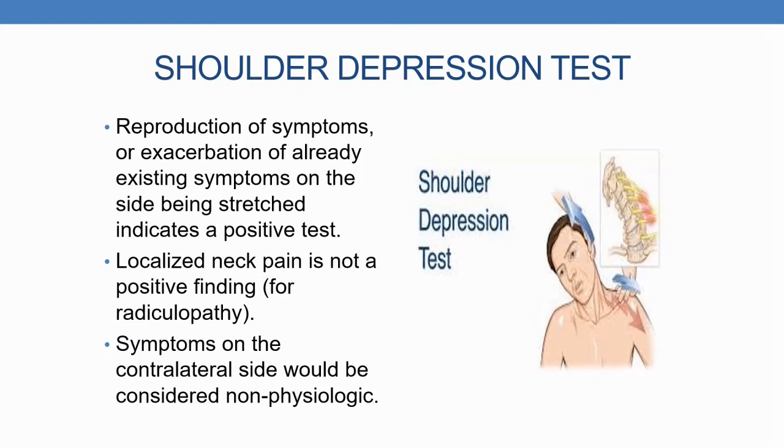Okay, radiculopathy involves an exacerbation of radiating dermatomal upper extremity symptoms on the side of the nerve roots being tractioned. Symptoms on the contralateral side would be considered either non-physiologic, perhaps, or perhaps due to some other type of lesion unrelated to neuroforaminal compromise.